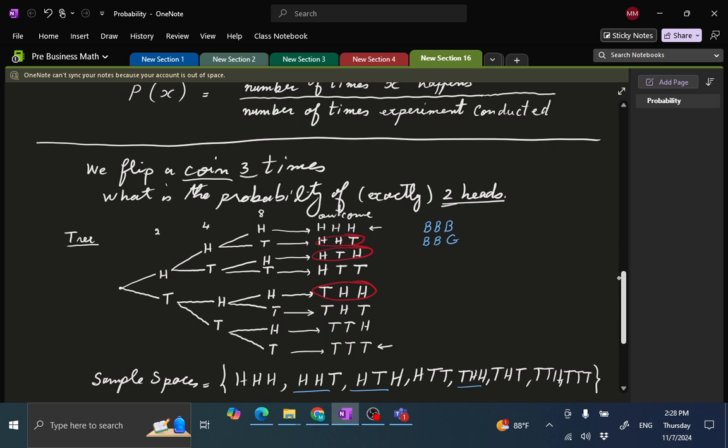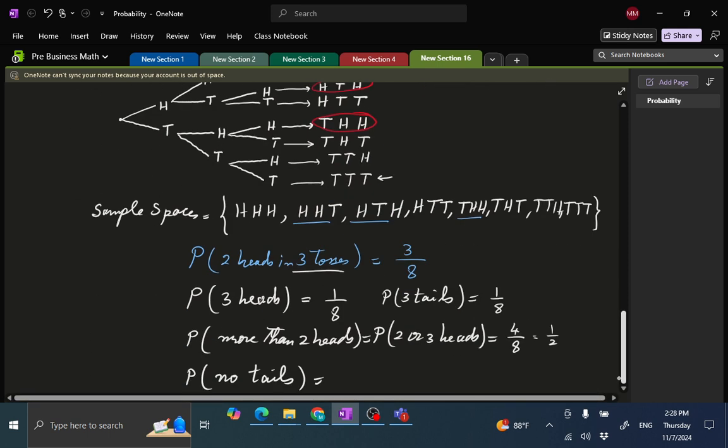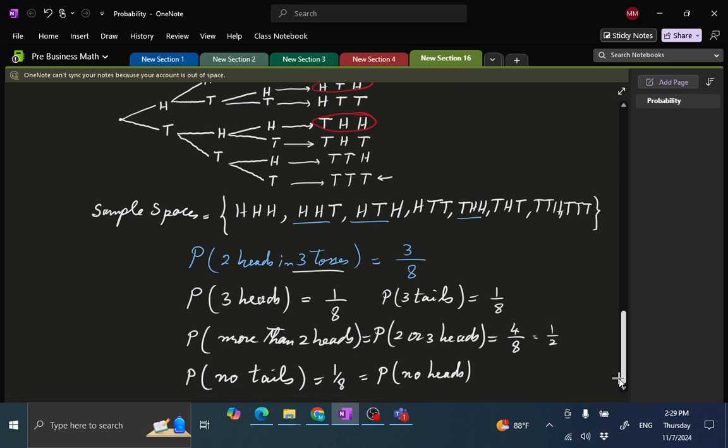No tails means all heads, so that's just picking up the very first choice here, and that would also be 1/8. So it's the same as the probability of no heads. No heads means all tails. So these are all very similar kinds of probabilities.